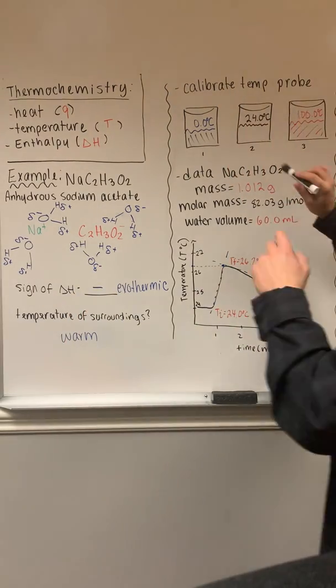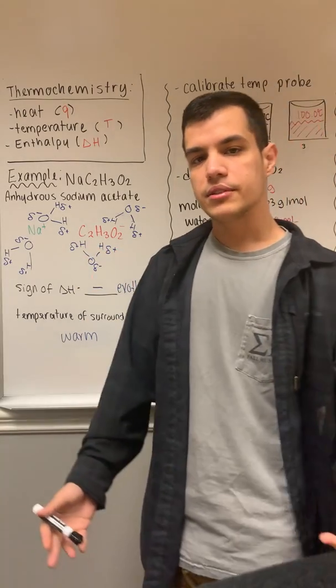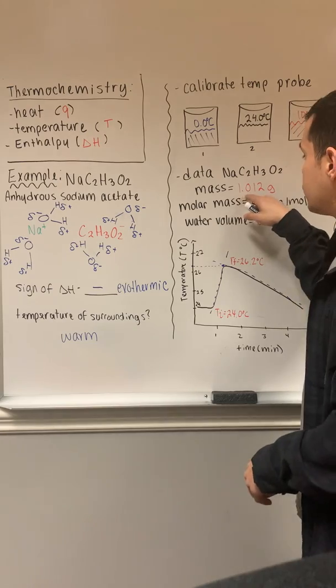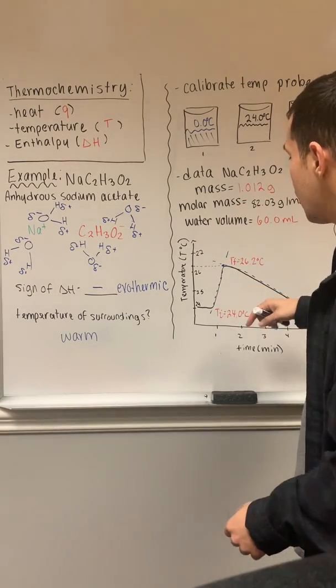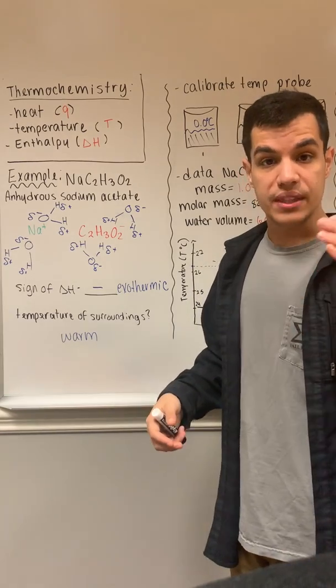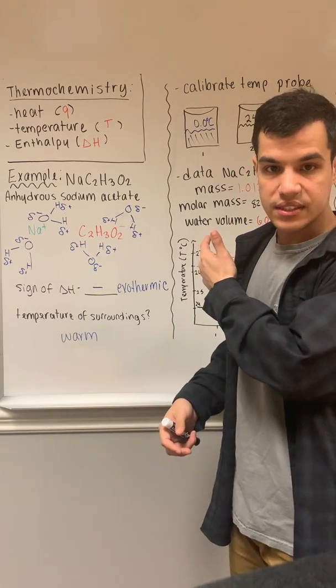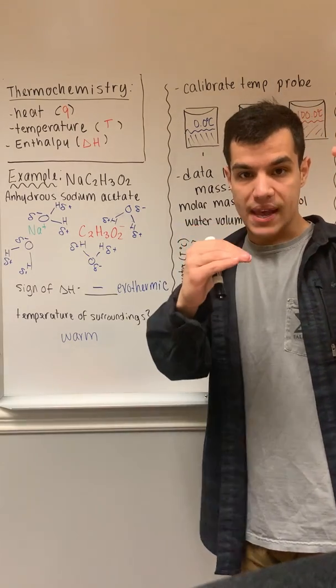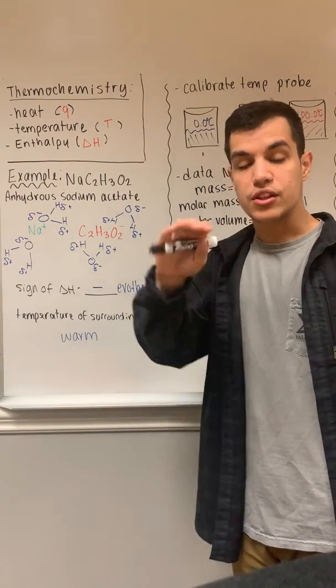So let's say I have my ammonium acetate, I want to do the experiment. I grab the bottle, I weigh out 1 gram, in my case it was 1.012 grams. I look up on Google the molar mass, because later I'm going to have to find the moles of my sodium acetate. To find moles, you divide the mass by the molar mass to cancel out those grams and end up with moles.